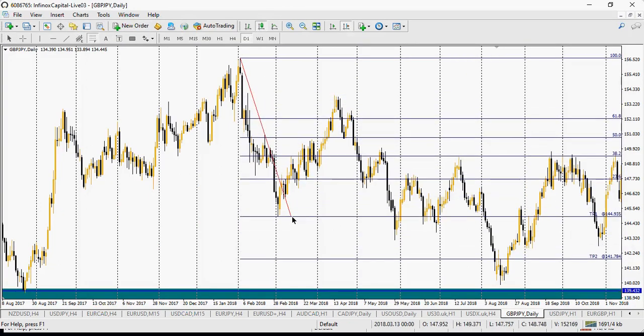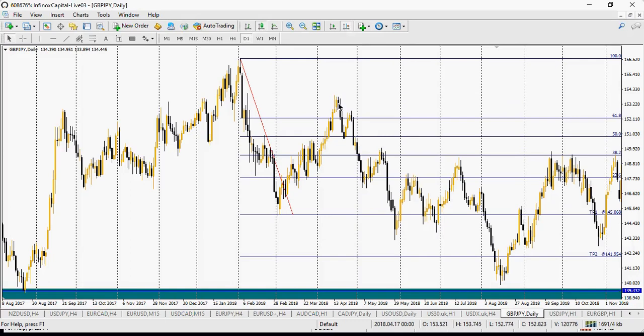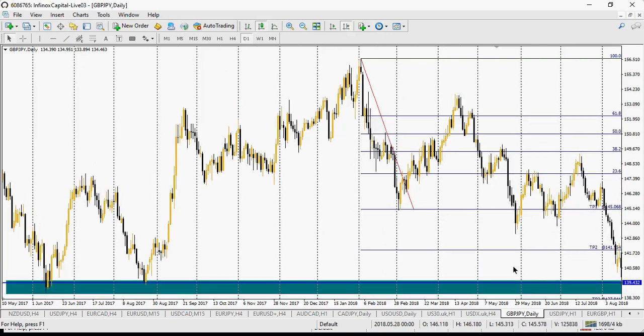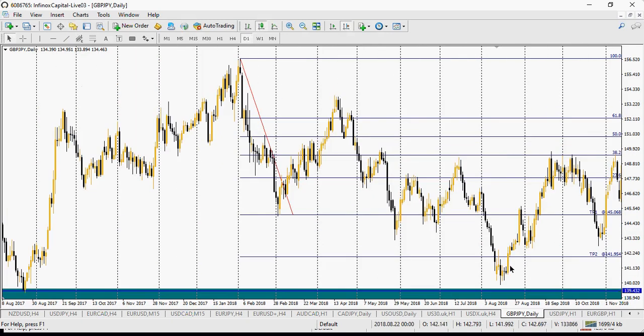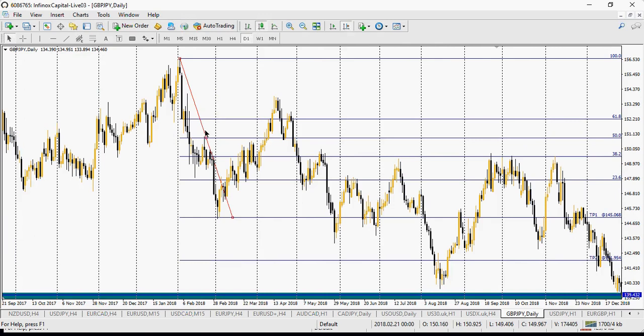We'll measure it from top to bottom. Market came back a bit above 61.8. But do you know what? Market came and touched take profit 1. It also eventually touched take profit 2. But then it didn't go up to the take profit 3 level.